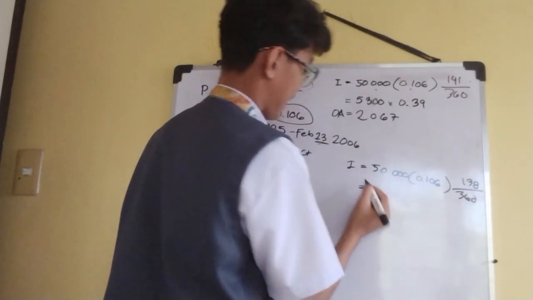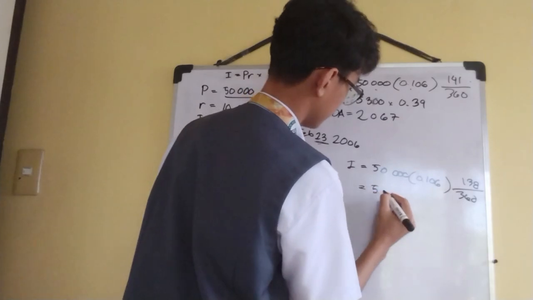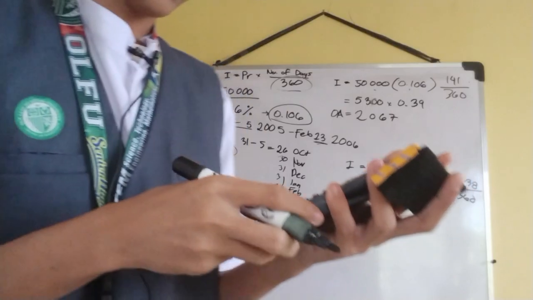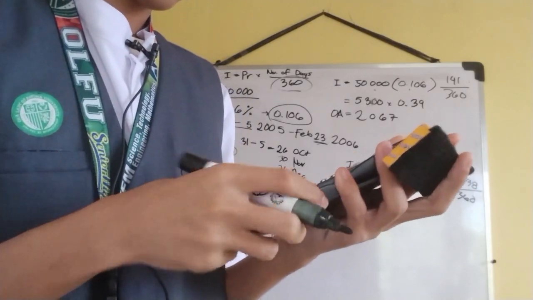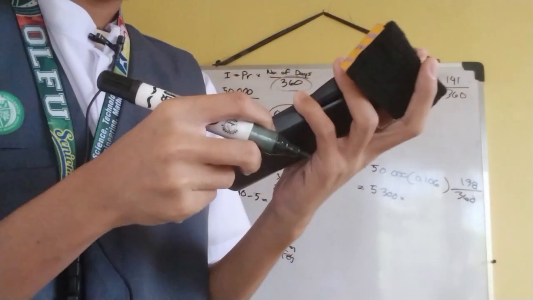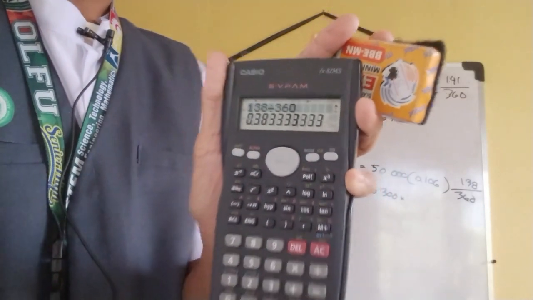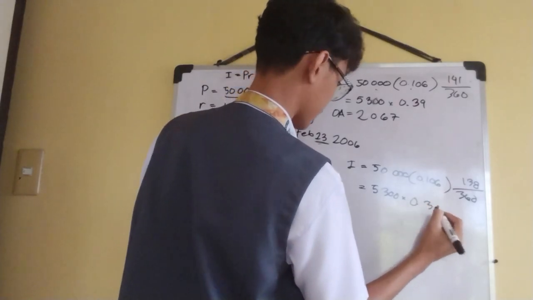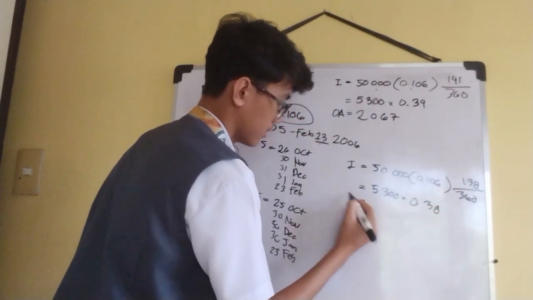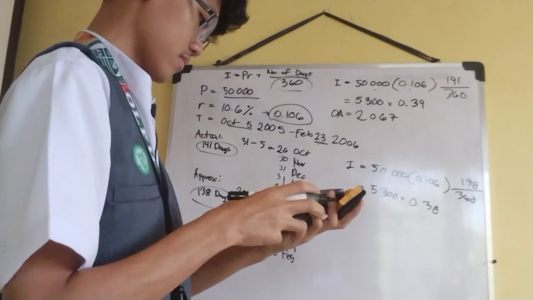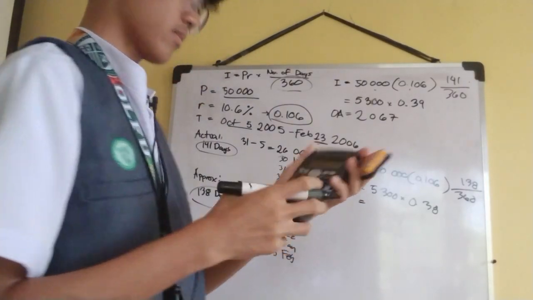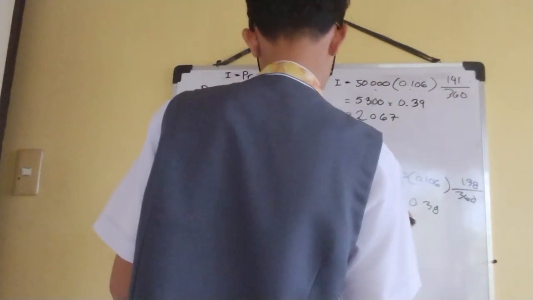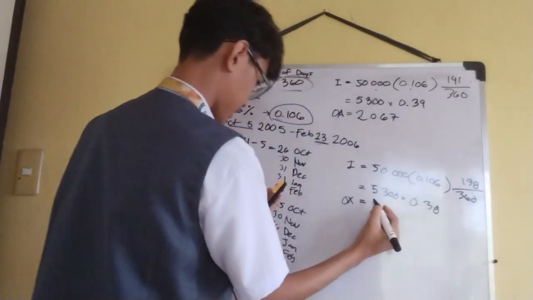Then I can just copy off of here, and then we divide those. 0.38. Then multiply them. And that is our ordinary interest with approximate time.